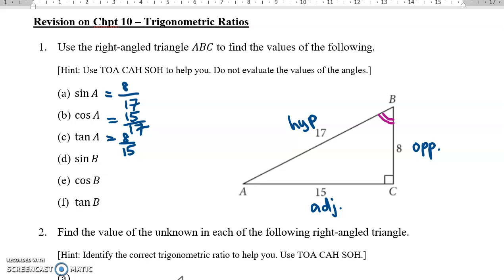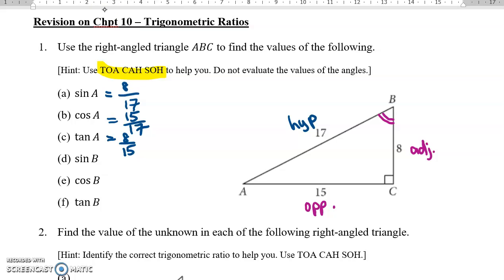The hypotenuse will stay as AB, but the adjacent and the opposite would now change because my reference angle is now B. So the side BC will now be the adjacent. The side AC will now be the opposite. So I'll do the same using Tuakaso to help us find the values of sine, cosine, and tangent of B.